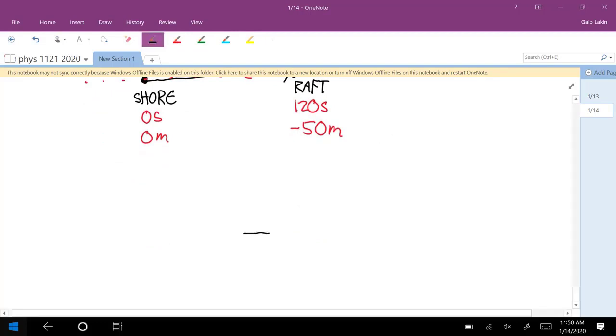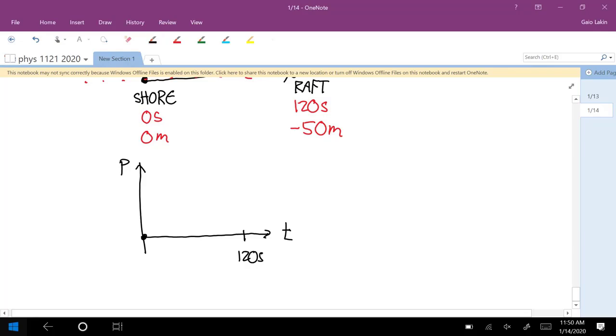And so, a position versus time graph. We start at 0, 0. We end at, so that's 120 seconds.